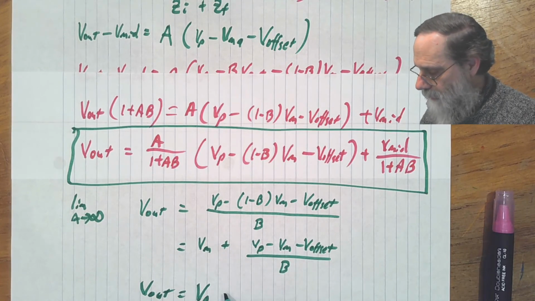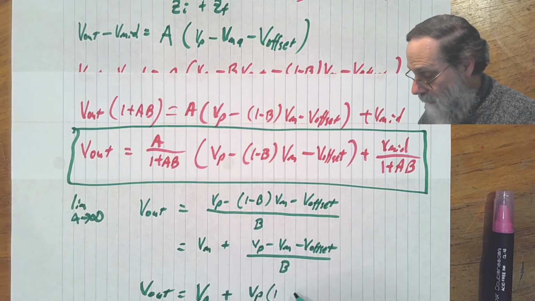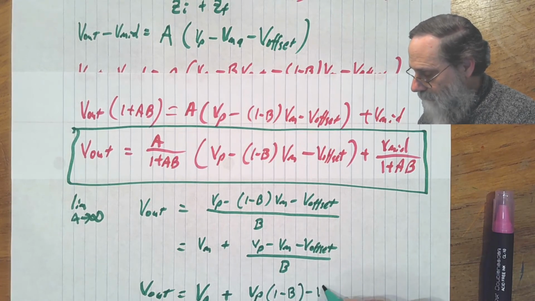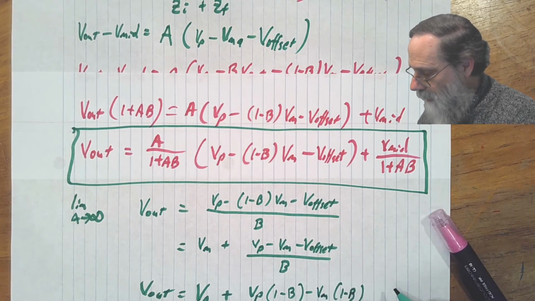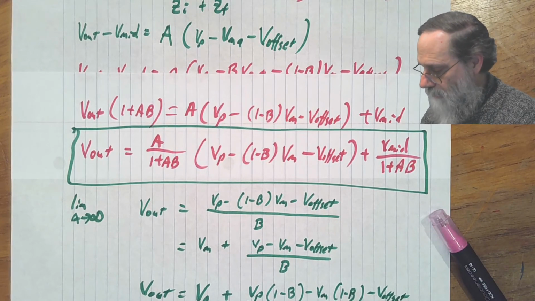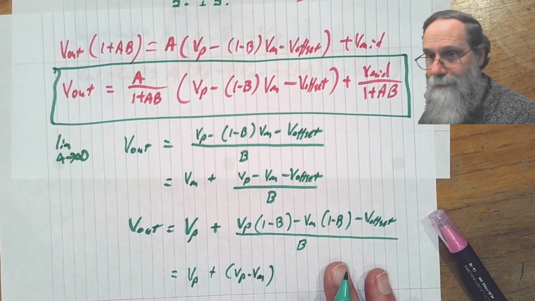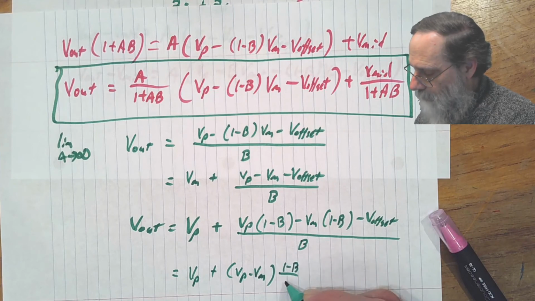So we're going to get Vp plus Vp times, well, we've got the 1 there, but we've got to subtract the B times Vp off, minus Vm times 1 minus B, minus V offset, over B. So that's Vp plus Vp minus Vm times 1 minus B over B minus V offset over B.